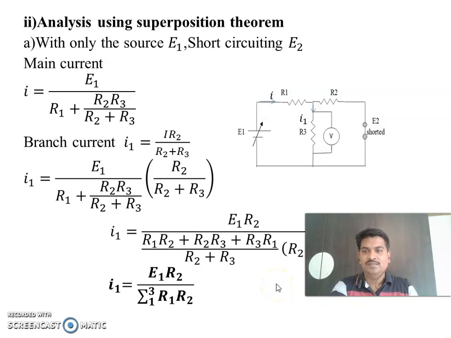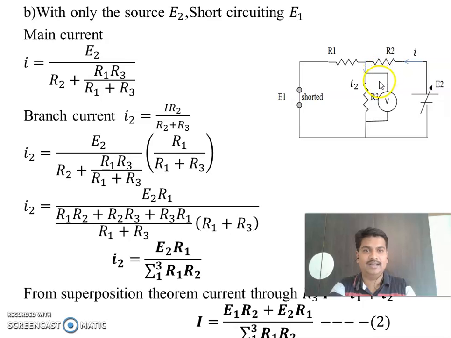Resistance in another branch I have written as R2, but it is not R2, it is R1. By mistake I have written R2, so please make it correct as R1.